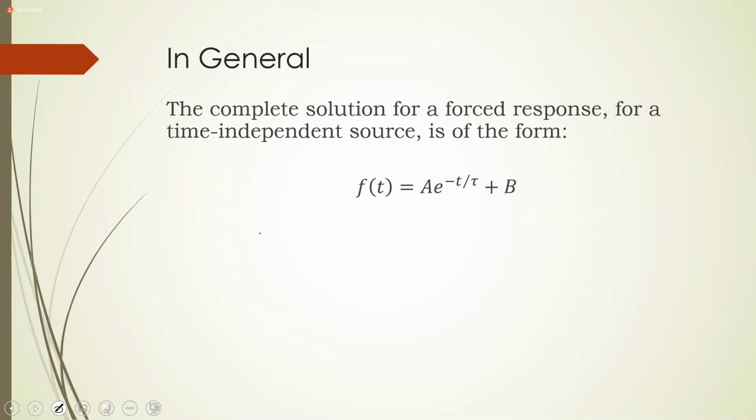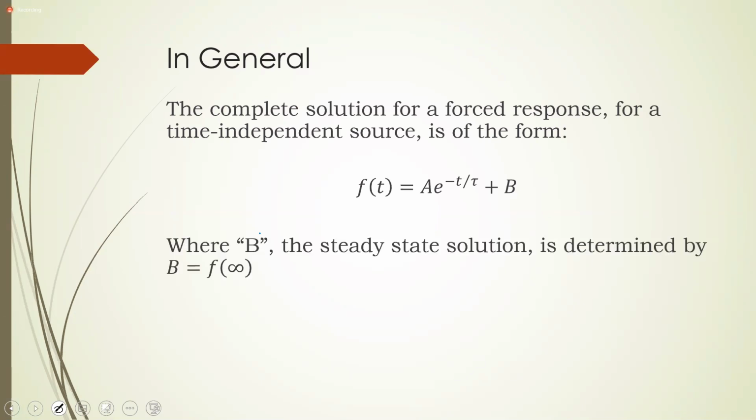And then from this general expression, we are going to define A and B. So B is a steady state solution. In other words, when I apply that second source, I'm going to find the final steady state, or the new steady state, for my circuit.